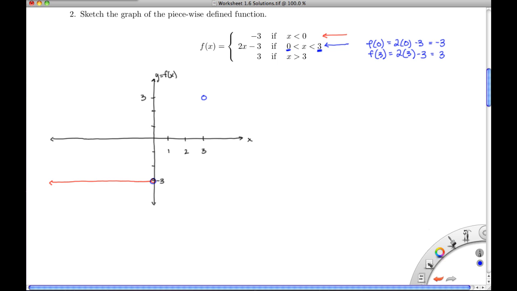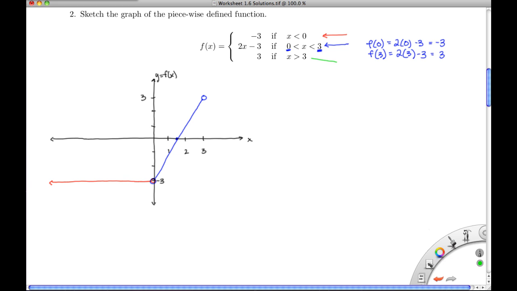And again, it's an open dot because x is strictly less than 3. So now we also happen to know from our previous exercise that there's going to be an x-intercept right here at 3/2, so we can just draw our line. Hopefully I hit that. Yay. And we've got our straight line. So this is our second part right here.